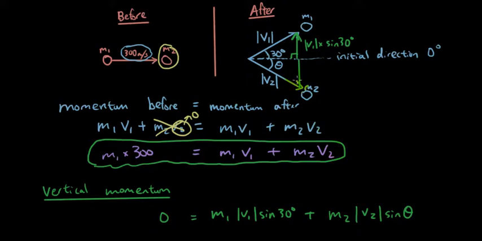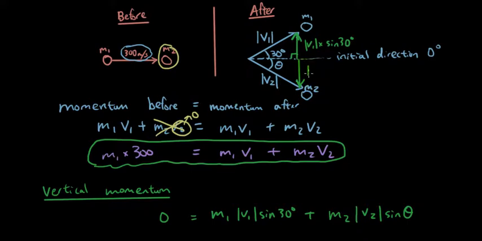Now notice how we don't really know whether this object is going to move downwards, right? I'm just hypothetically assuming that theta is going to be a negative number. But if it gives us theta as a positive number, that means this object is moving upwards in the same way as m1, but we don't know for sure.